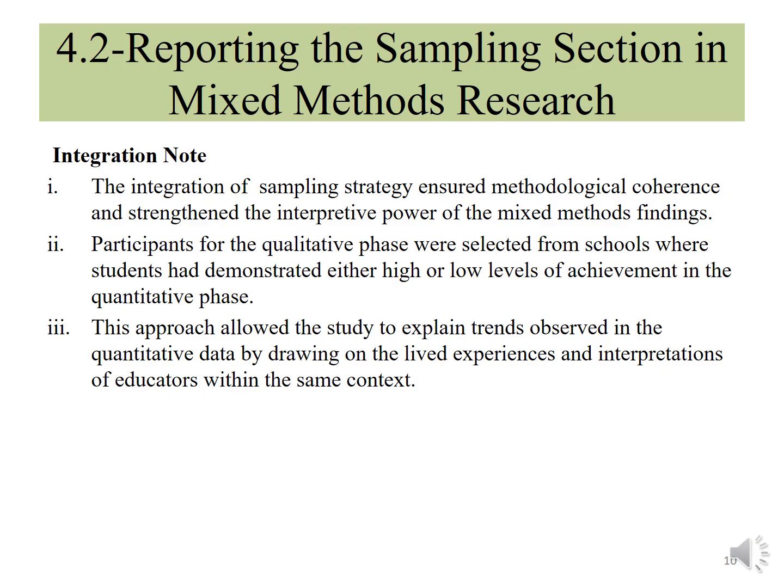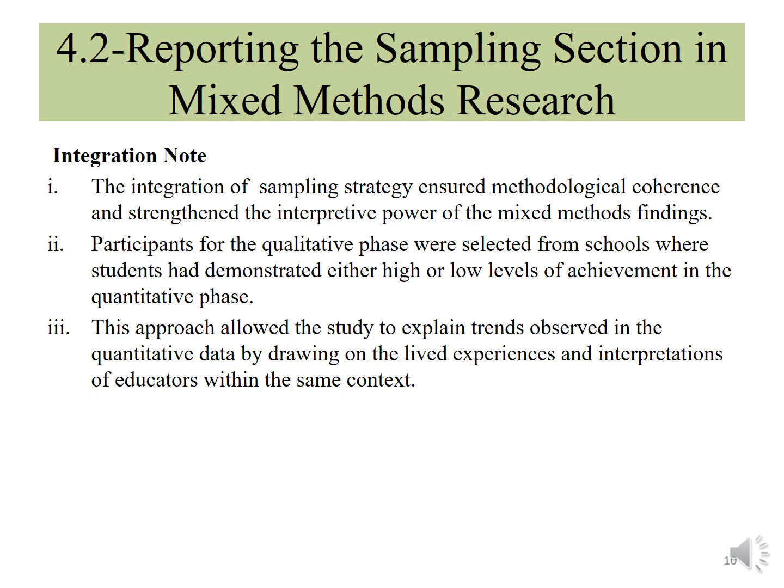Number 2, participants for the qualitative phase were selected from schools where the students had demonstrated either high or low levels of achievement in the quantitative phase. See how the students and teachers were connected with each other.